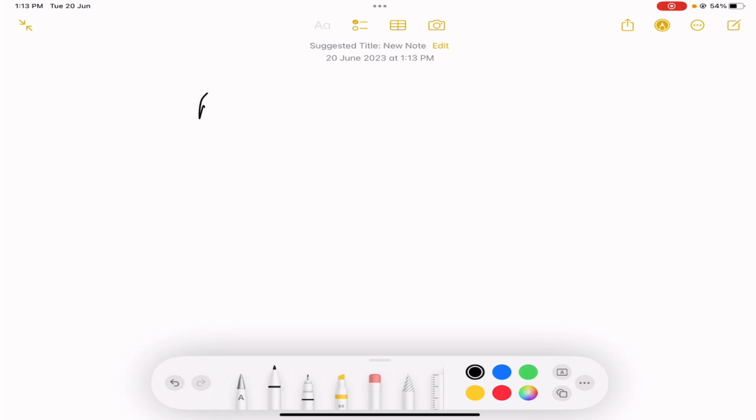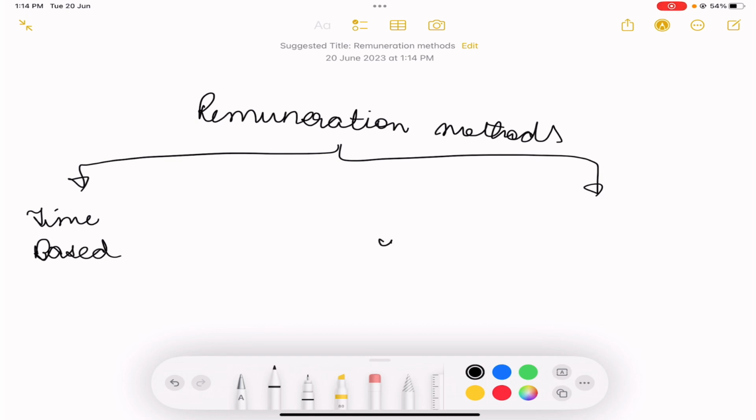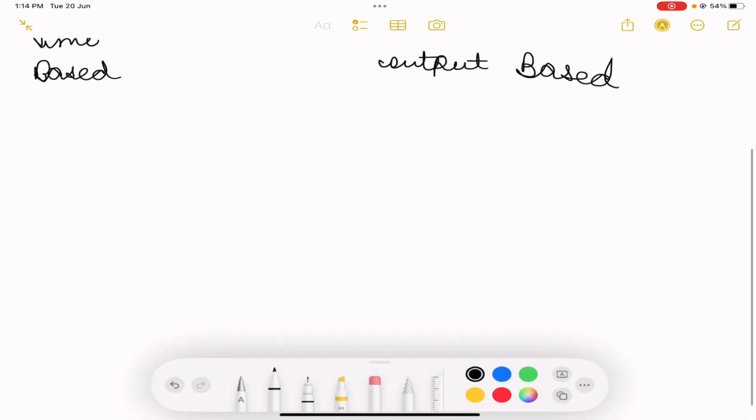Okay, so my remuneration, I hope you're writing it with me. So these are my remuneration methods. The first thing is time based, the second is output based. Okay, so if I'm doing time based, then what is my formula?